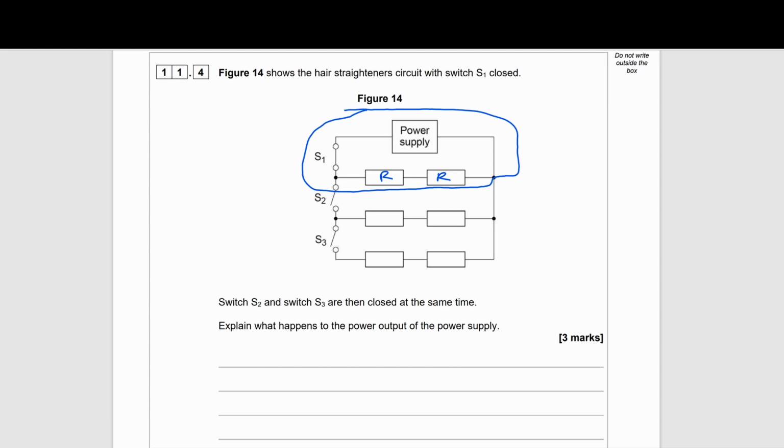Well, the resistors are in series, so the total resistance of resistors in series is adding them up. So R1 plus R2 is equal to the total resistance. If the resistance is increased now, what does that do to the current? An increase in resistance causes a decrease in the current.